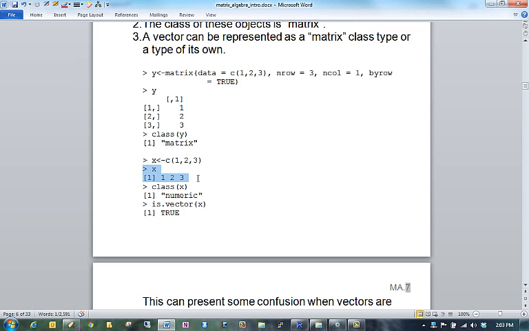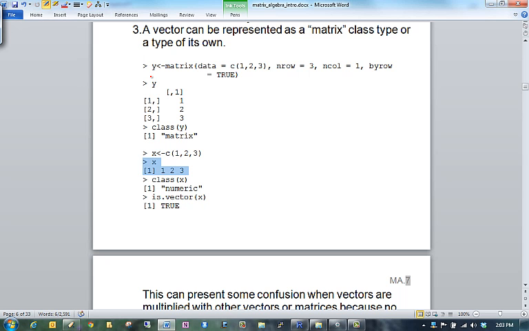Notice though how the output looks a little bit different between the two cases here. That's because R is actually treating them differently. The class of x is called a numeric. In R's terminology, R differentiates something called a vector from a matrix. And again, that's where it can be a little bit confusing.